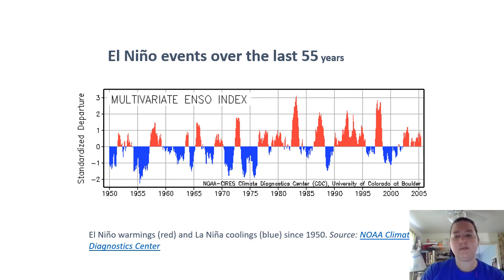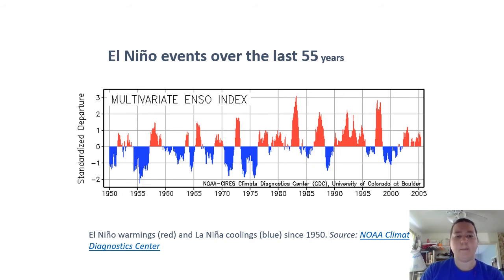So from 1950 to 2005, you can see the El Nino events here. As you can see, they're happening in very defined intervals. You can see ups and downs.